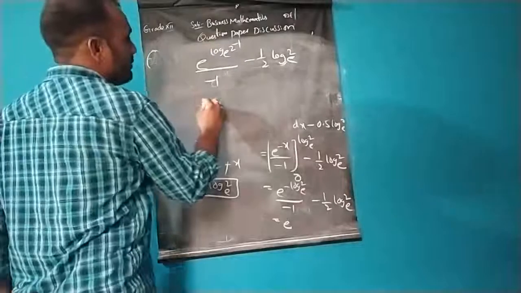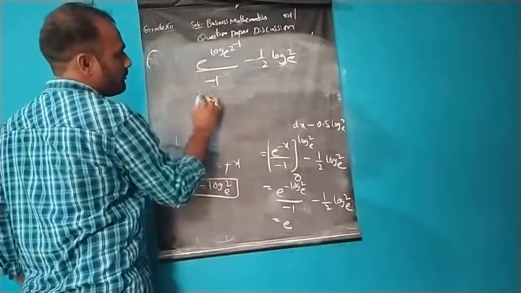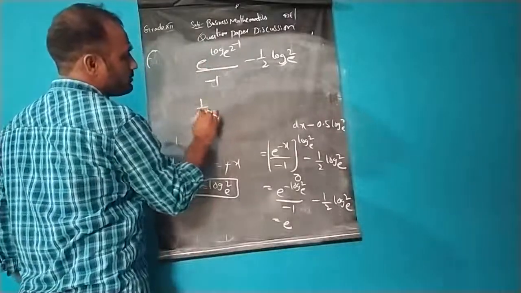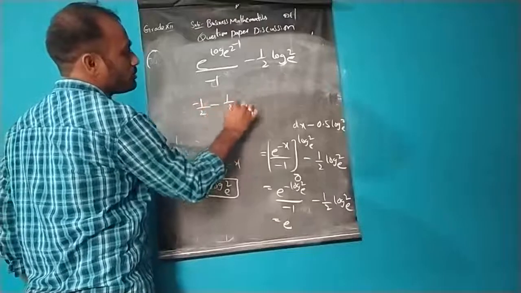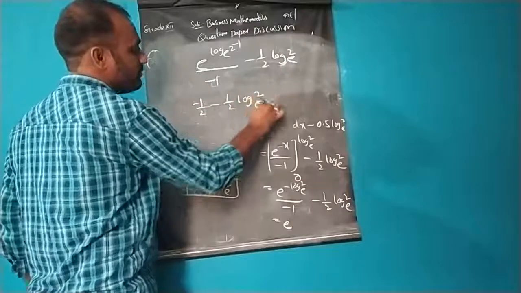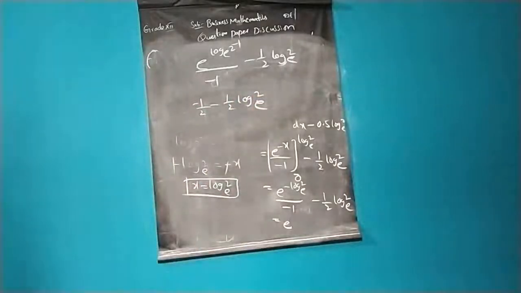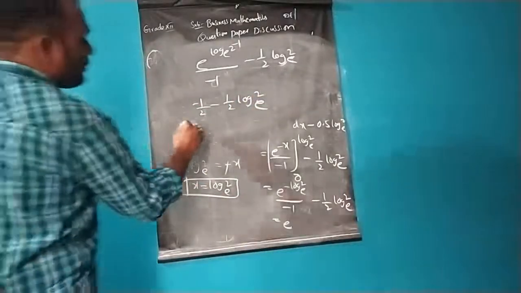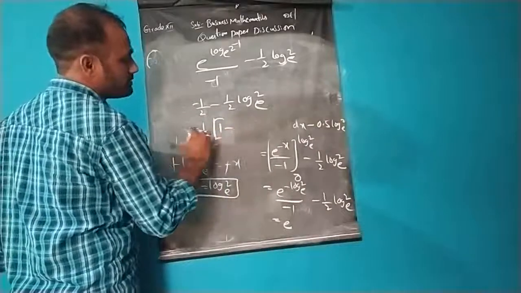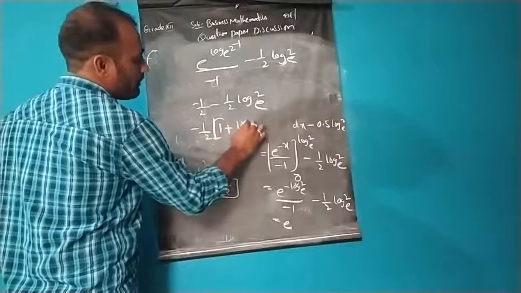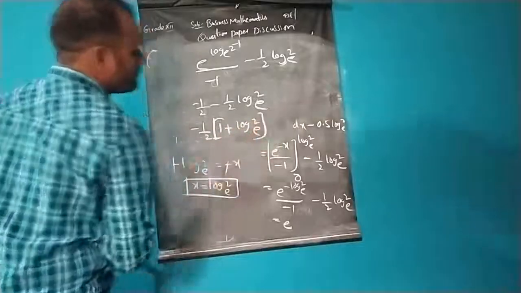So this will be the answer. 2 power minus 1 will come in front. So that is 1 by 2 minus 1 by 2 minus 1 by 2 log 2 to the base e. We can stop till here. We can take minus 1 by 2 as common, so we are left with 1 minus 1 plus log 2 to the base e.